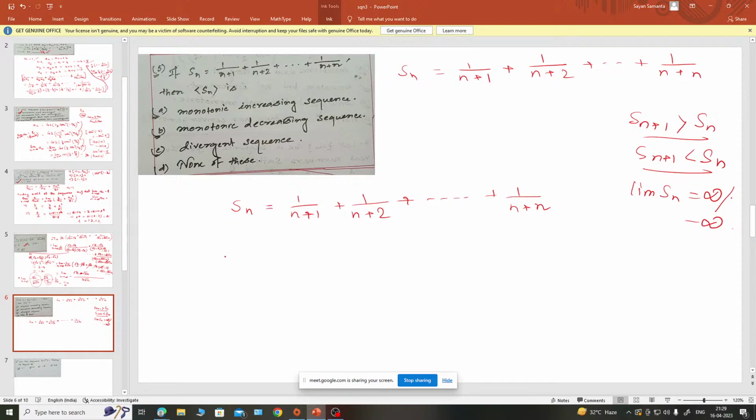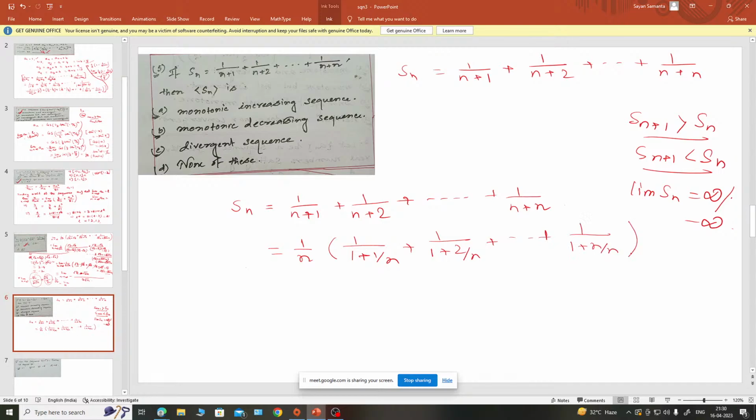Okay, this problem first we take 1 by n common, so we can write 1 by n into 1 by 1 plus 1 by n plus 1 by 1 plus 2 by n plus so on 1 by 1 plus n by n.